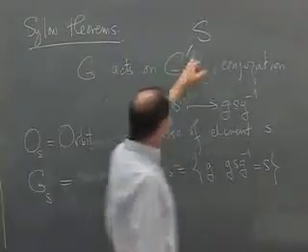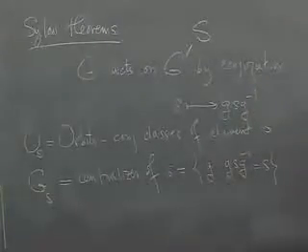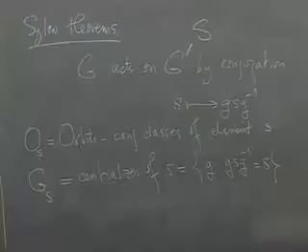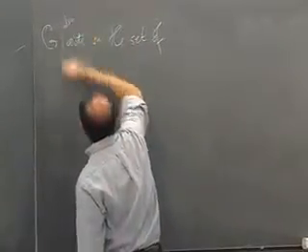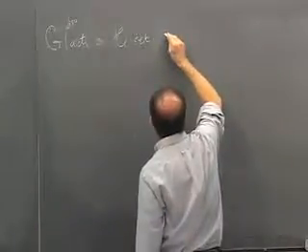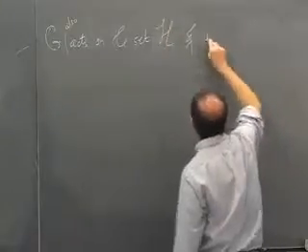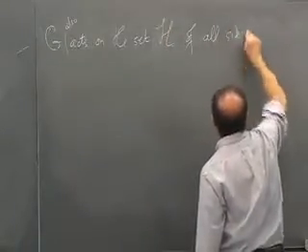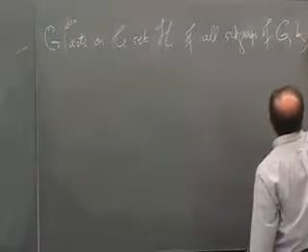Now, it doesn't just act on G. It acts on subsets. G acts also, because this is a different action, on the set, let's call it H, of all subgroups of G by conjugation.